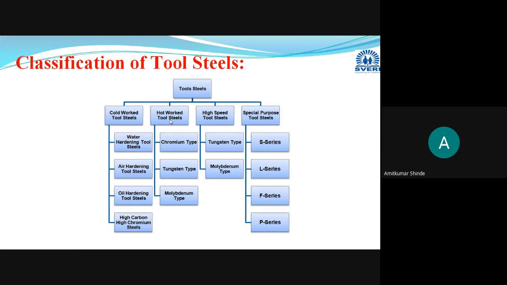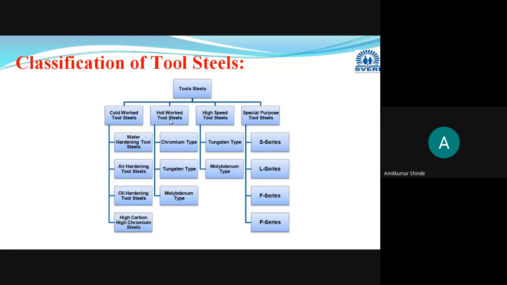That's why you can use these steels at that particular higher temperature range, means you can use these steels at high speed also, because they provide the desired hardness and strength at the higher temperature ranges also. That's why you can use these steels in high speed applications. That's why they are termed as high speed tool steels.